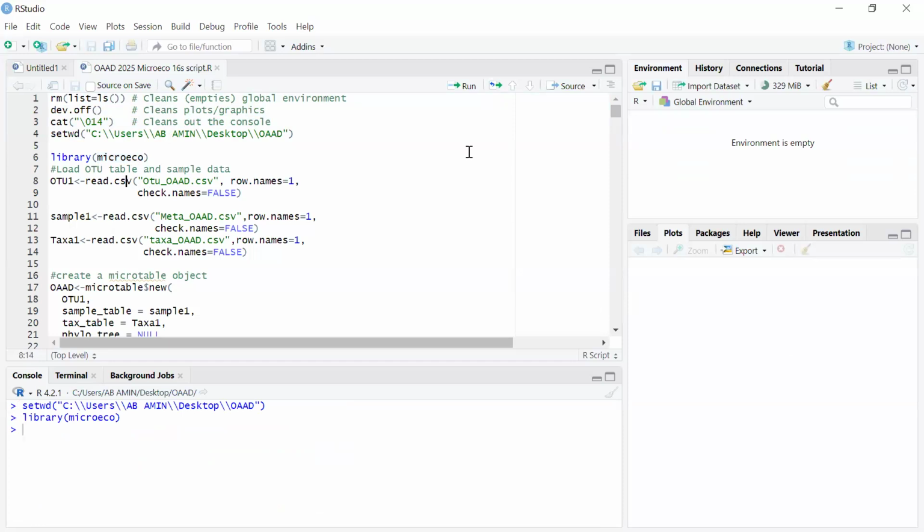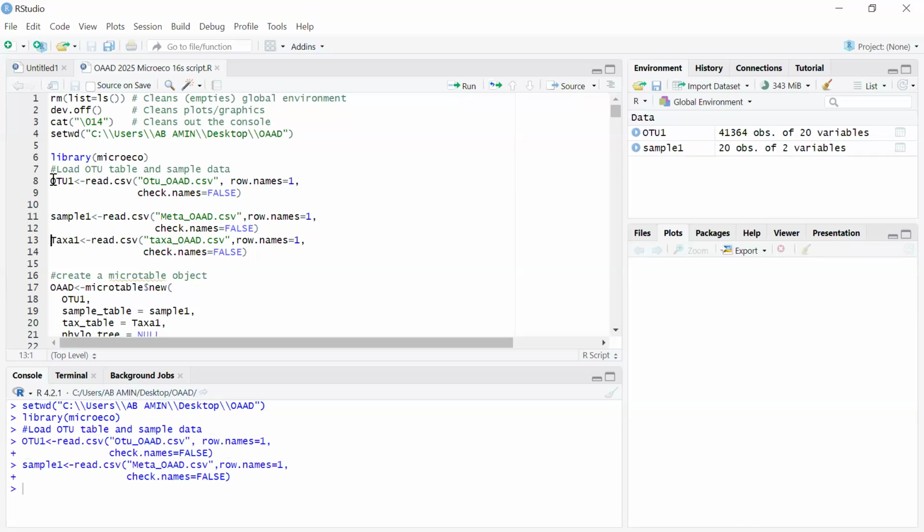I have shown us how the OTU data looks like, right? So let me load my OTU, sample data, and the taxa, so we'll see how they look. If you are conversant with R, this is a CSV file.